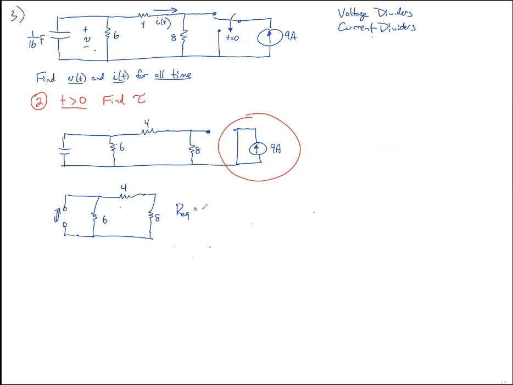Isn't it just 6? Or it's 6 in parallel to 12? Yeah, that's it. It's equal to 6 in parallel with that 4 plus 8, because these guys are in series, and then these two are in parallel. So now we can say 6 in parallel with 12. Now, when you see something like this, there's three ways to solve it. The way I definitely do not want you to do, even though it's correct, is to say it's equal to this, because you need to pull out your calculators for that.